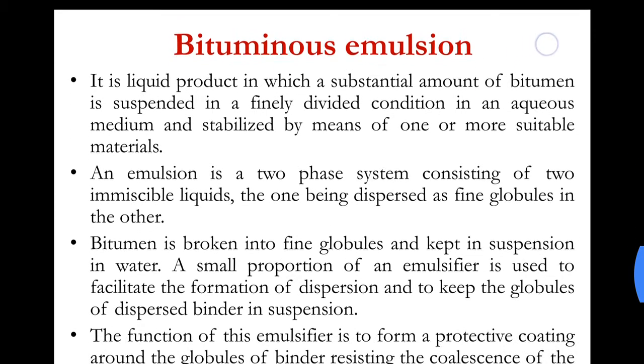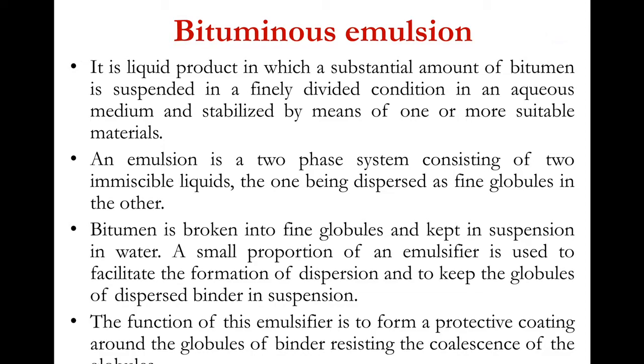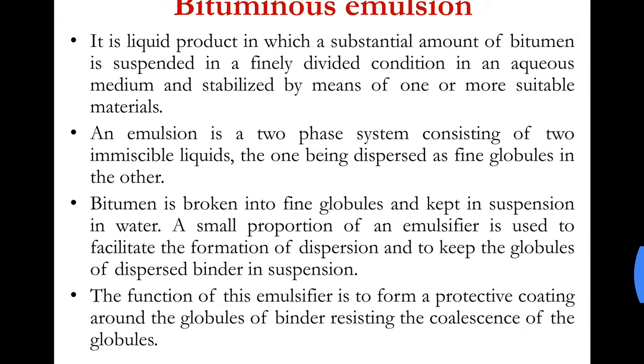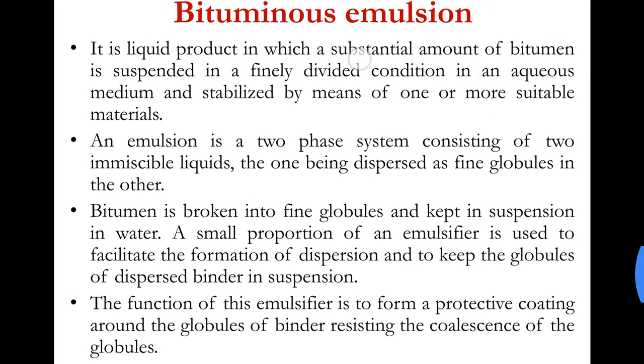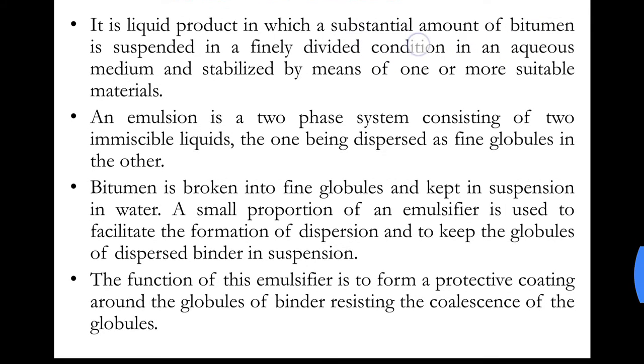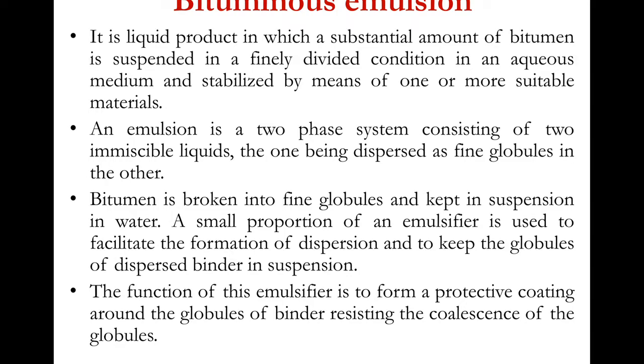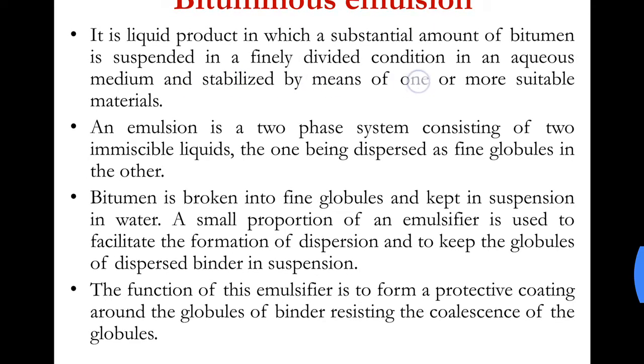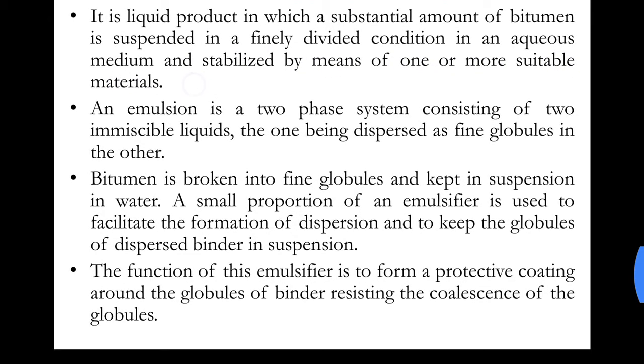Now the next material is bituminous emulsion. It is also a byproduct of bitumen. Okay, now how is it formed? It is a liquid product in which a substantial amount of bitumen is suspended in a finely divided condition in an aqueous medium and stabilized by means of one or more suitable materials.